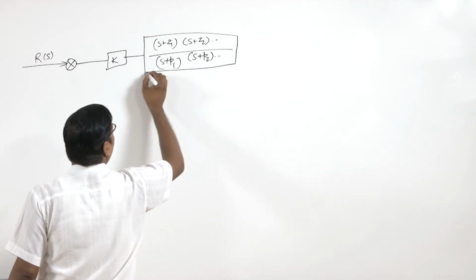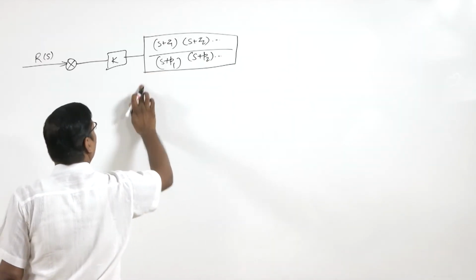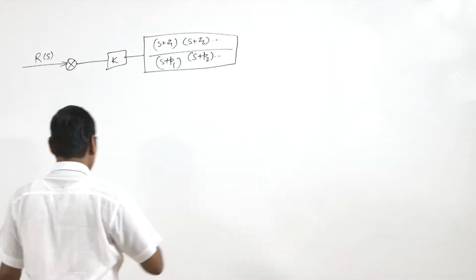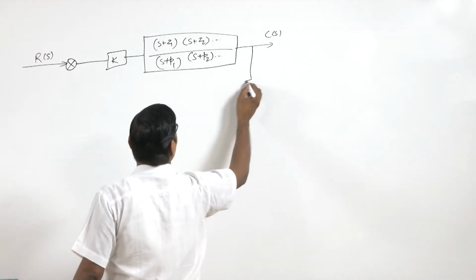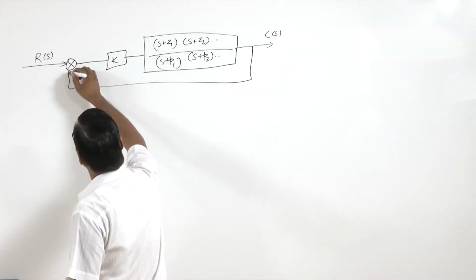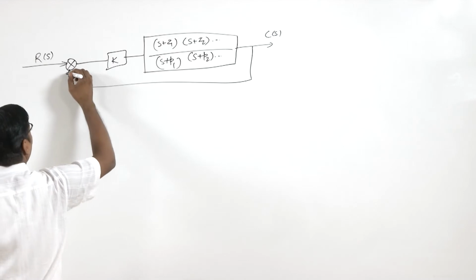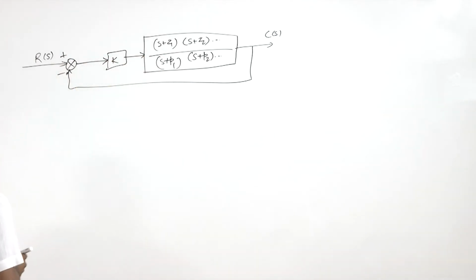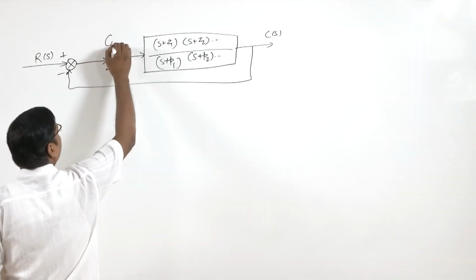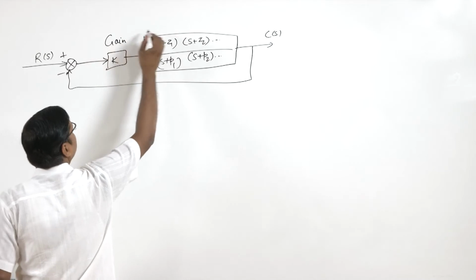This is our G(s) and we have C(s), with negative feedback. Here is the gain and here is the plant.